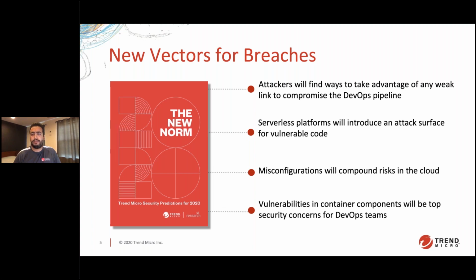This is our prediction for this year, an attempt of intercepting good security practices to deliver applications. They will try to be in that workflow as well. You're going to see as well that misconfigurations are going to play a big role. They have played a big role as well on the security aspect of applications, right?